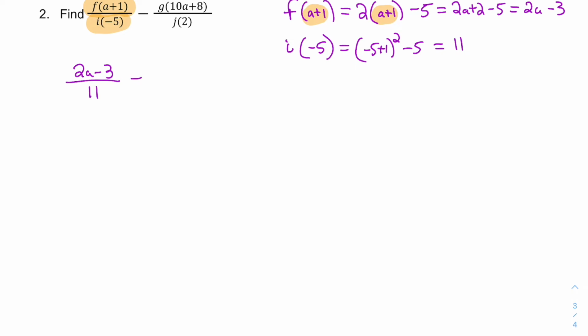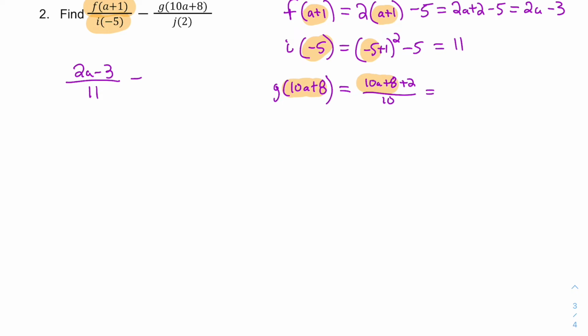We're going to subtract g of 10a plus 8, which is going to tell us we put 10a plus 8 into our g function. So I get 10a plus 8 plus 2 all over 10. Highlighting the inputs, this is what's input into my function.